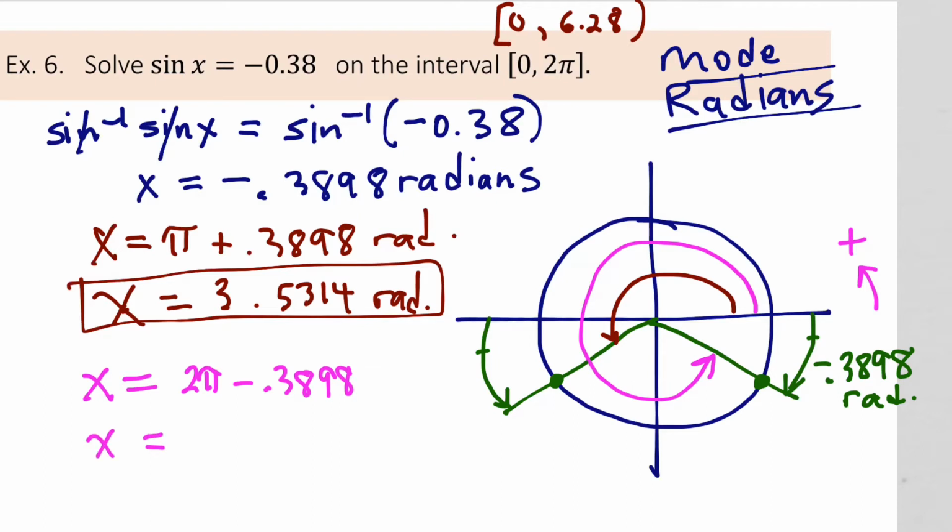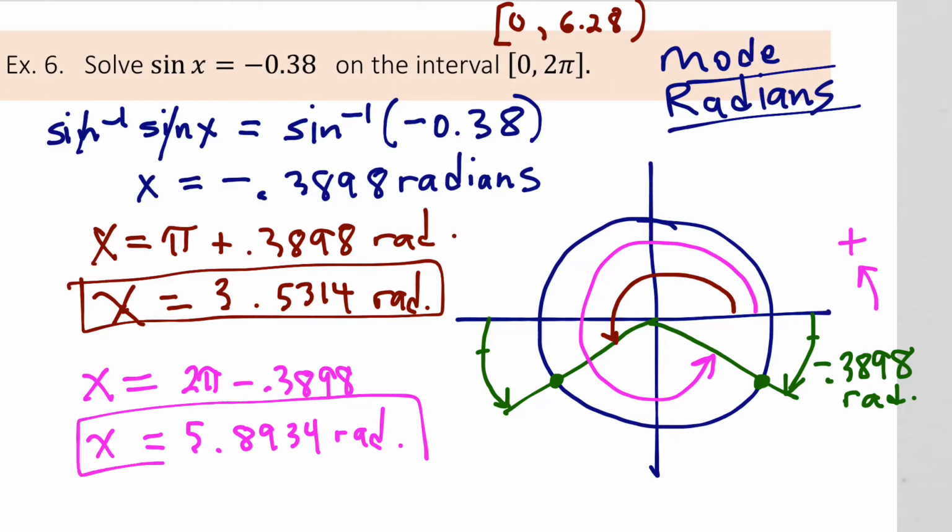If you run that through your calculator, you should get 5.8934 radians. That is also less than 2 pi, which is 6.28 radians. So we found that there are two solutions for this equation between 0 and 2 pi.